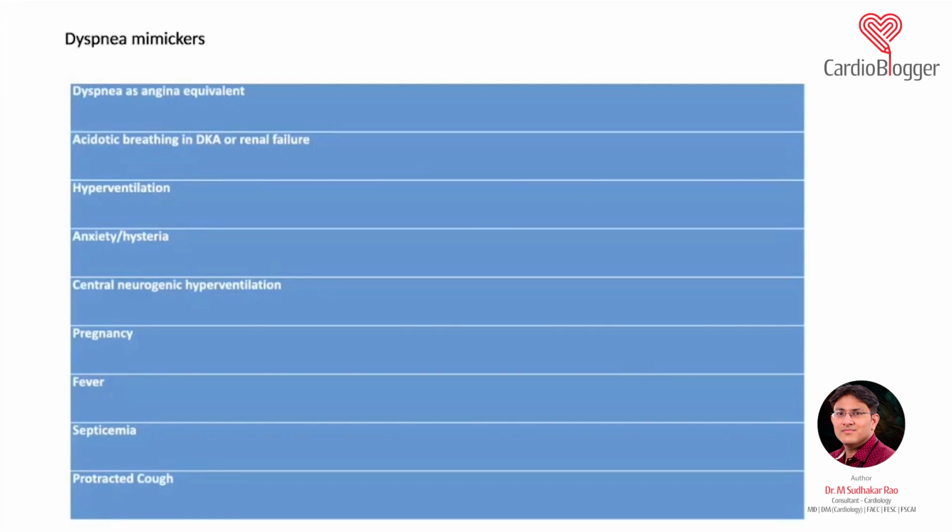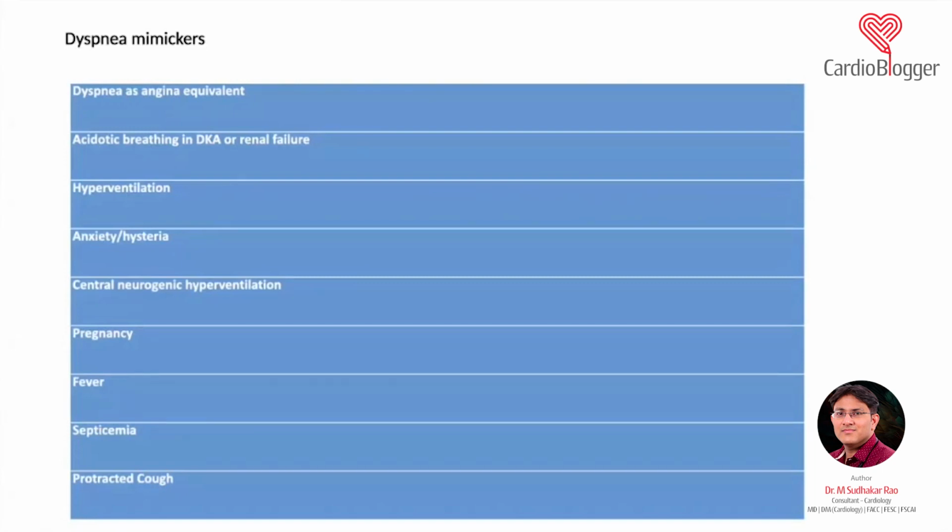Usually we see in diabetic ketoacidosis and CKD patients, if a patient has acidotic breathing, we feel that it is a dyspnea. A young female with psychogenic hyperventilation may mimic dyspnea. Anxiety or hysteria can present with dyspnea. Also, central neurogenic hyperventilation can mimic a dyspnea.